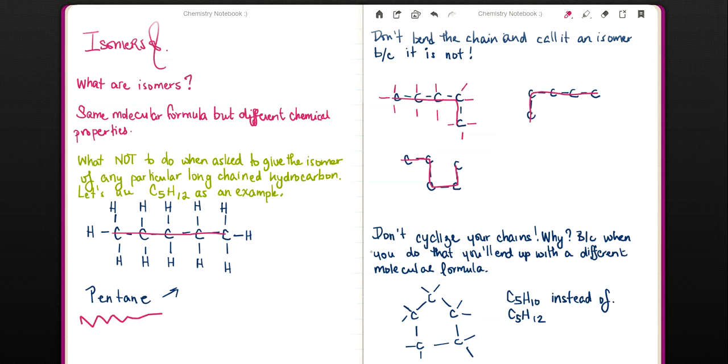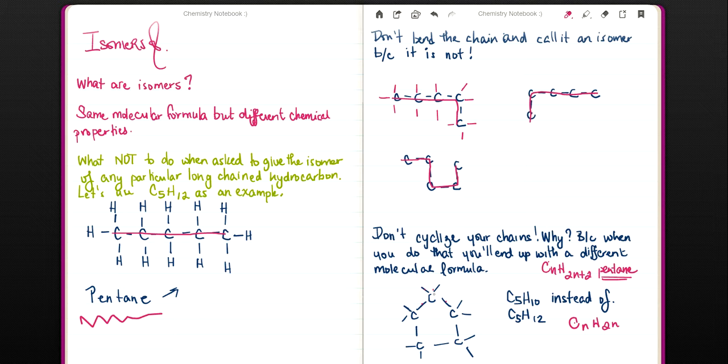For example, the second thing you're not supposed to do is to cyclize your chains. Why? Because when you do that, you end up with a different molecular formula. And what I was saying with the 4 bonds is that you have 1, 2, 3, 4 that the carbon is attached to. Now, when you cyclize your chains, instead of having CnH2n+2, like you had for pentane, because that's the general formula for alkanes, you end up with a formula of CnH2n.